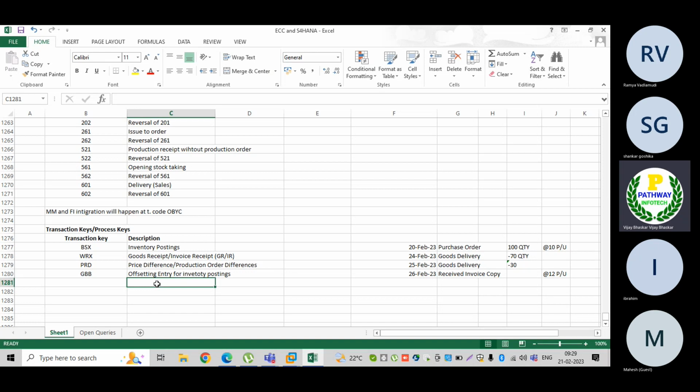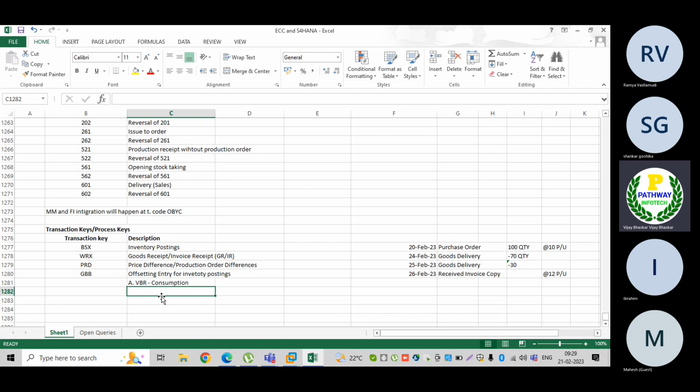Under this there are different transactions which are going to happen. One is VBR, which is consumption. Now I have the raw material in my warehouse and I want to issue those raw materials to the plant for manufacturing purposes. How can you record the consumption of the raw material?